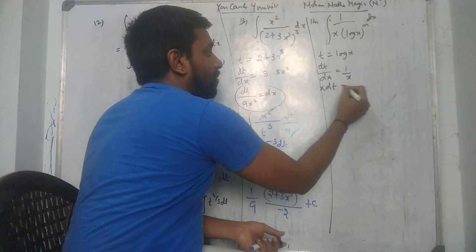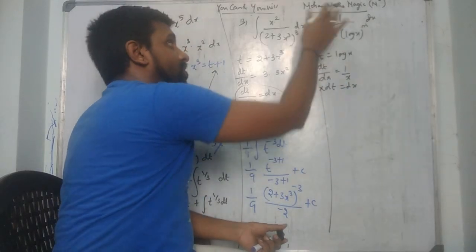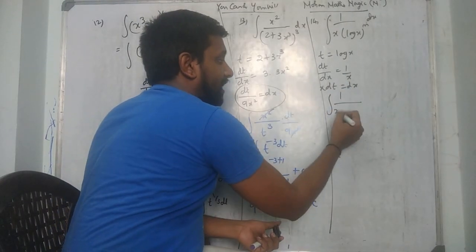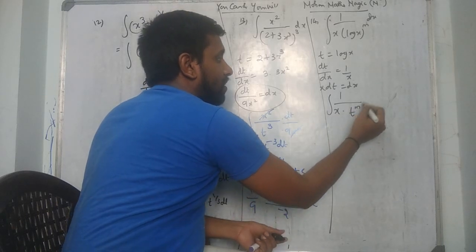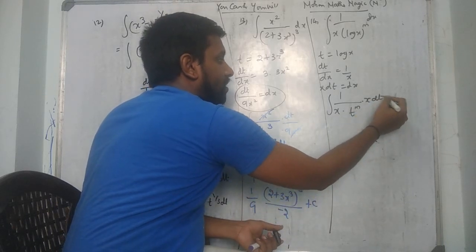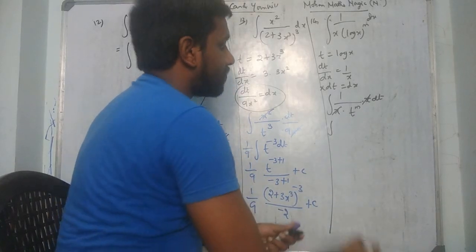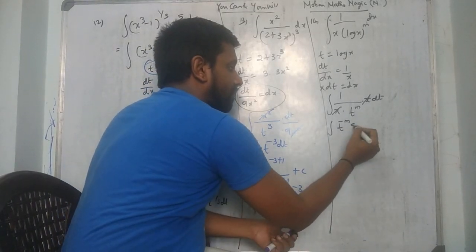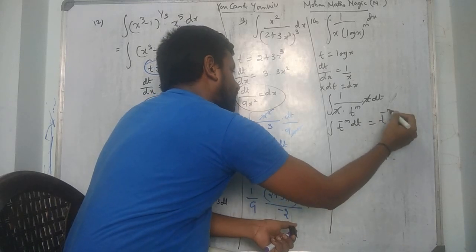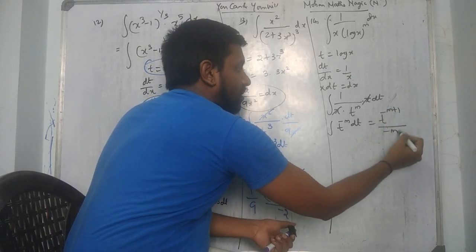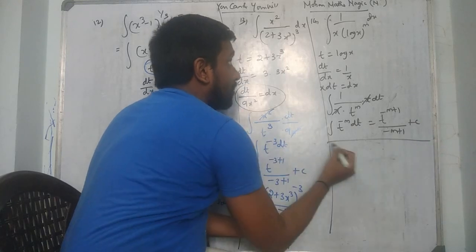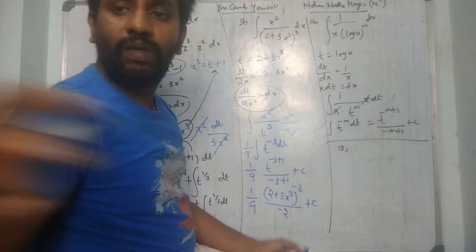Cross multiply, I need only the x. Substitute in the question 1 upon x ஒண்ணுமே பண்ணாத. Okay, dx க்கு பதிலா x dt, x x cancel, t power minus m மாறுச்சு. t power minus m integrate பண்ணா பவர்ல 1 increase ஆகும். That's it.